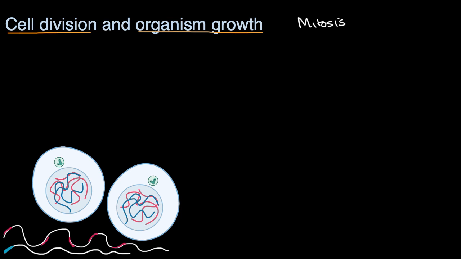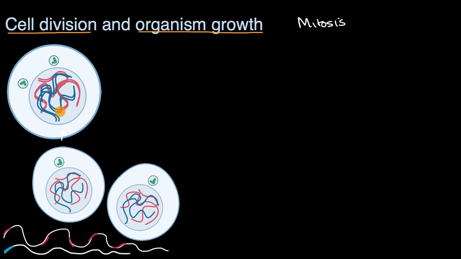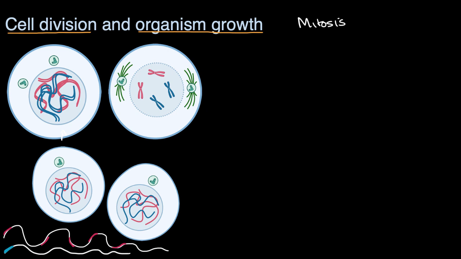Now to prepare for mitosis, what we need to see is each of these chromosomes need to replicate. And once they do, the cell might look like this. Now it's hard to see it here, but the 2 copies that are now replicated and connected at the center, we call them sister chromatids. And we can see that a little bit clearer in the early phases of mitosis. So first, we see that the chromosomes have condensed into what we classically imagine as chromosomes when we look at them in a microscope.